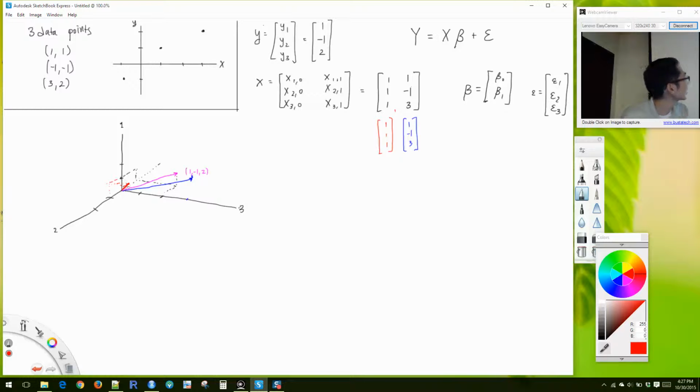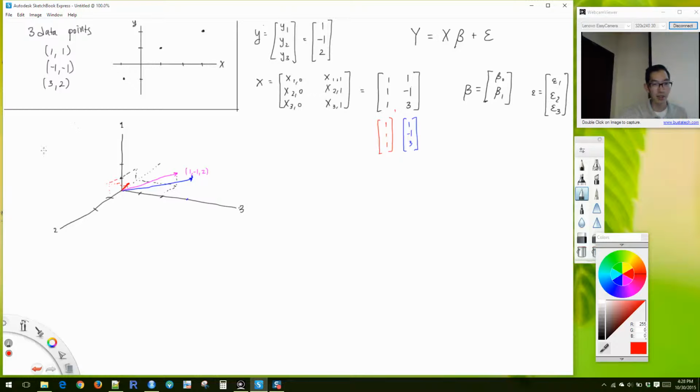Okay, and now two vectors define a plane, right? Okay, so imagine these two defining a plane upon which we can project this purple thing. Okay, so what does this plane look like? It's kind of, oh man, I can't. It's like coming at you.